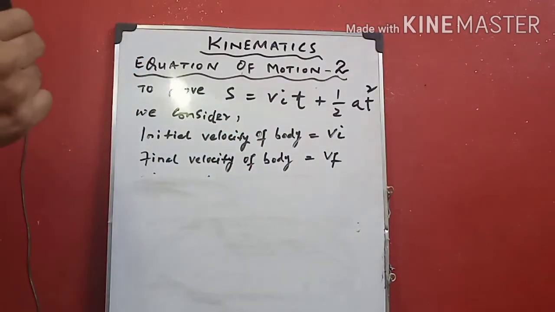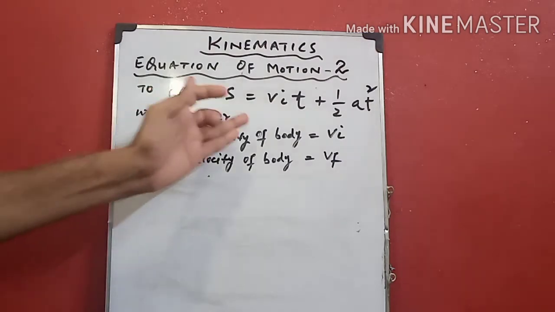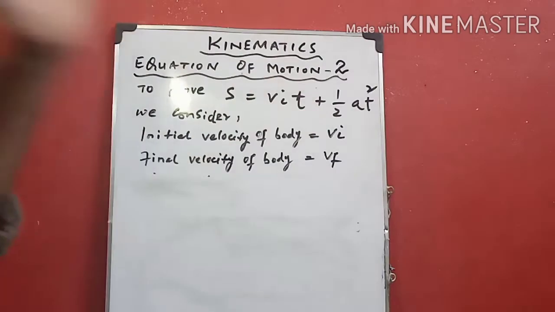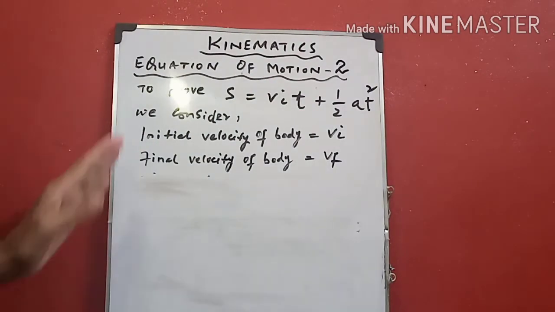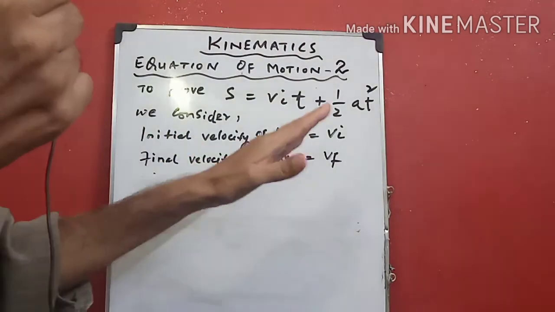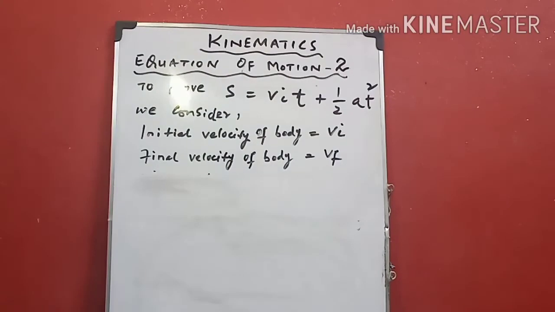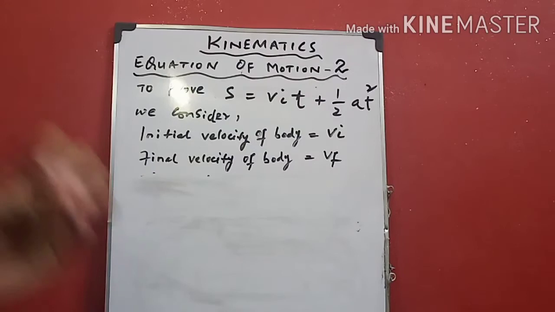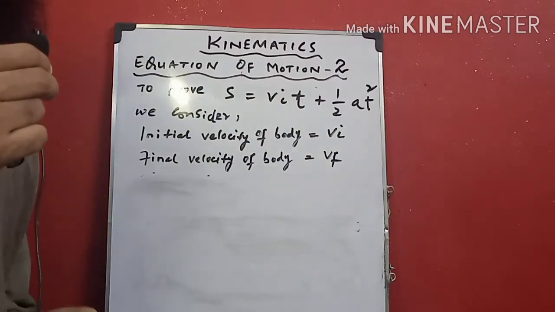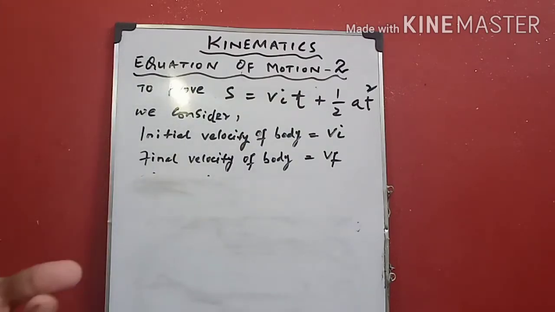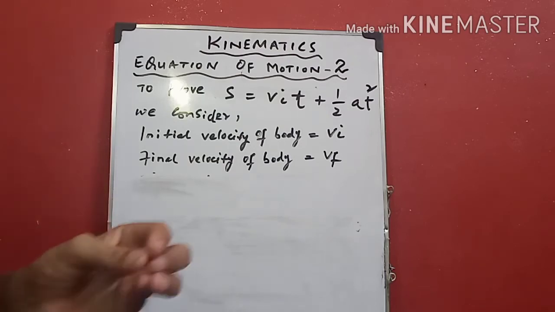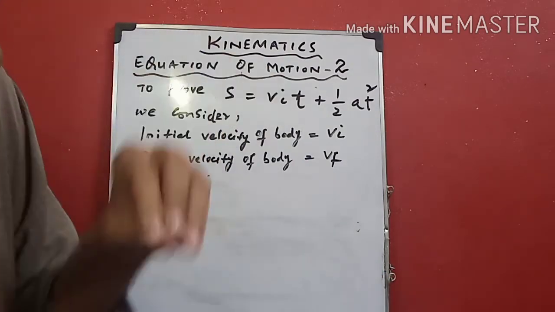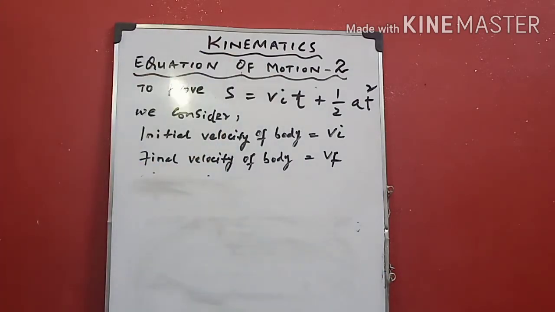To prove this equation, we consider the initial velocity of the body remains the same, Vi, and the final velocity of the body is Vf. But we know that when a body covers a distance during time t seconds with an average velocity, because it has different initial and final velocities, here we find the average velocity.